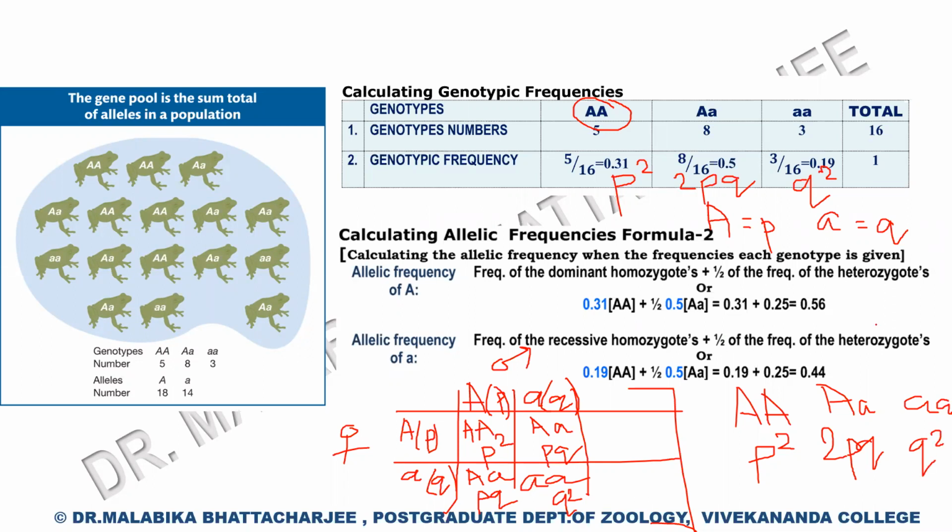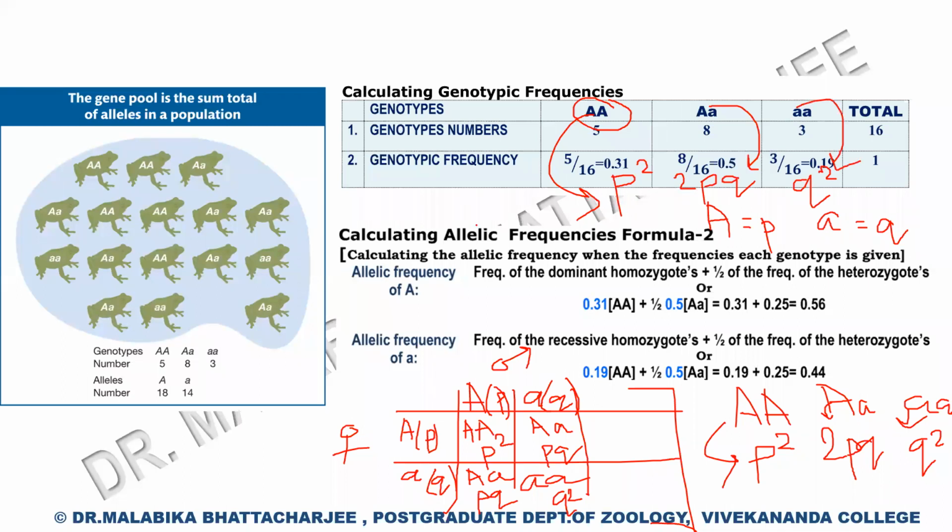So when I am talking about genotypic frequencies, as I showed you, the genotypic frequency of the dominant homozygote is P square, the heterozygotes 2PQ, and the recessive homozygotes Q square.